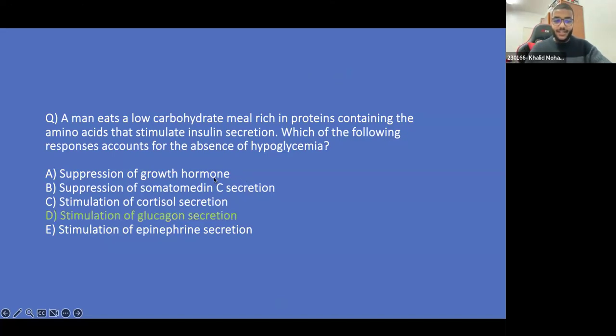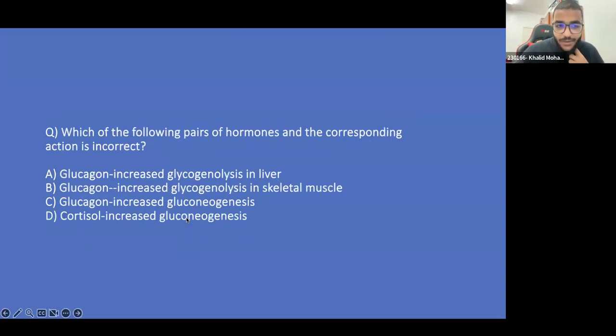So yeah, proteins, it's one of the things that increases the secretion of both glucagon and insulin. Okay, and also since insulin is being secreted, it's also gonna somewhat increase the secretion of glucagon to not cause hypoglycemia. Good job.